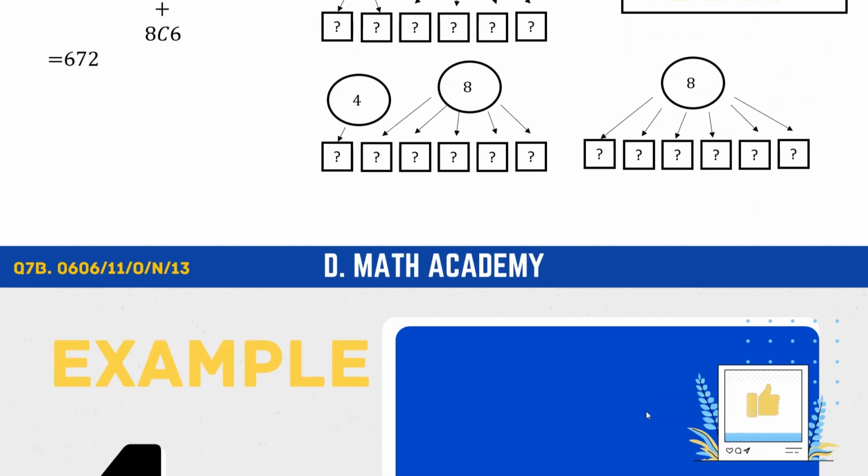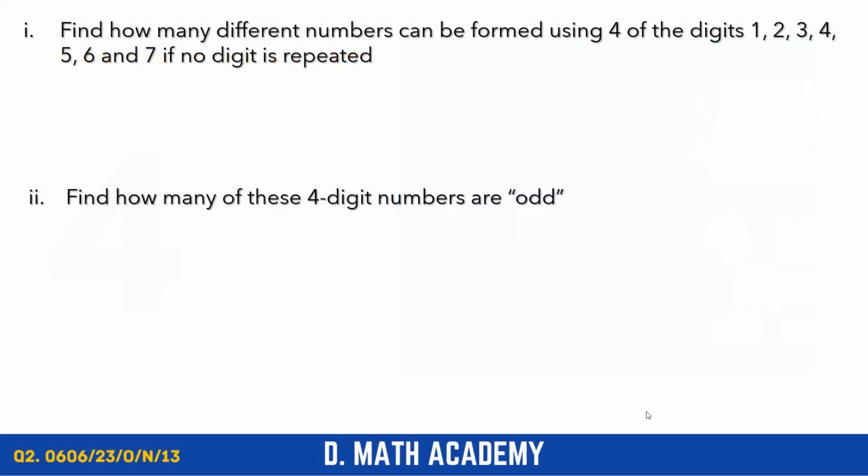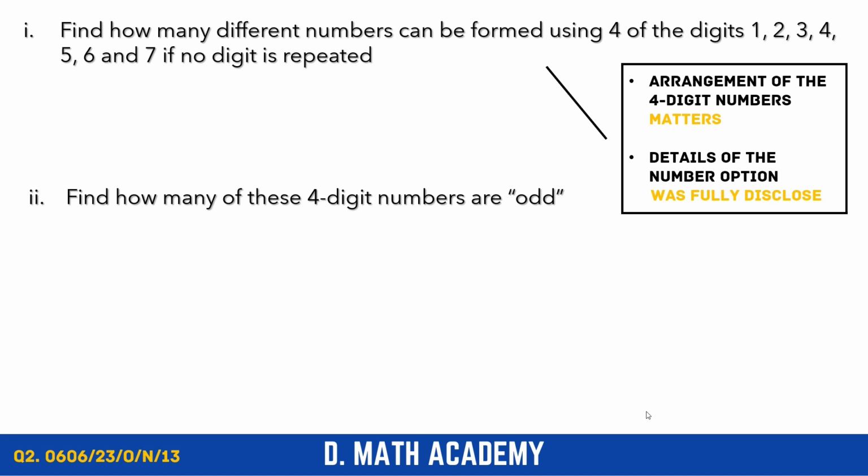For the next one, we have example 4 here. The question goes: find how many different numbers can be formed using 4 of the digits 1, 2, 3, 4, 5, 6, 7 if no digit is repeated. Same thing again, different numbers and arrangements create a different sequence, so the arrangement matters, and the full details of the number options have been disclosed to you.